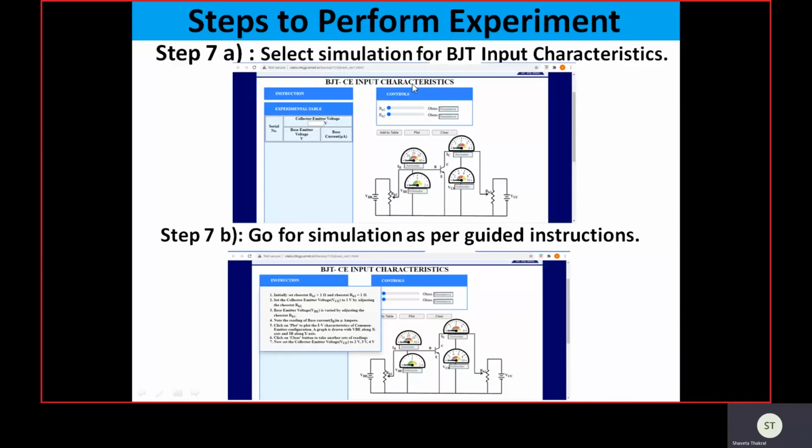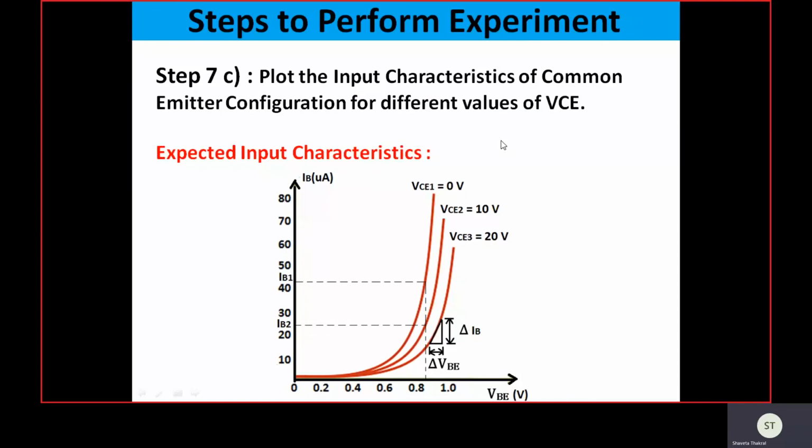When we select the simulation for BJT input characteristics, this will be the setup that will appear on the screen, and then we can click on this instruction tab and go for the simulation as per the guided instructions mentioned here. Finally we plot the input characteristics of the common emitter configuration for different values of VCE, and this is the expected input characteristics curve that we have already discussed.